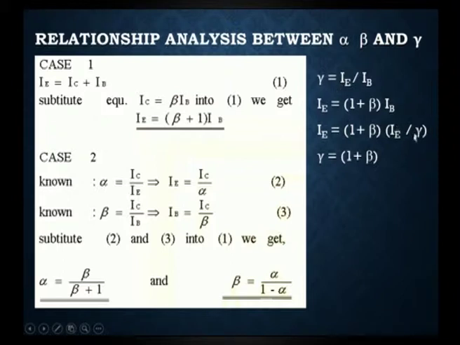So, IE divided by gamma is written in place of the IB value, and we get beta and gamma in one expression. Rearranging this, we can have a relationship between beta and gamma. This is how beta, alpha and gamma can have different relationships by substituting each other.